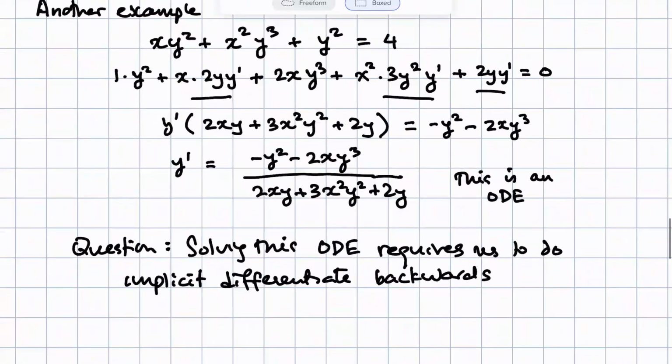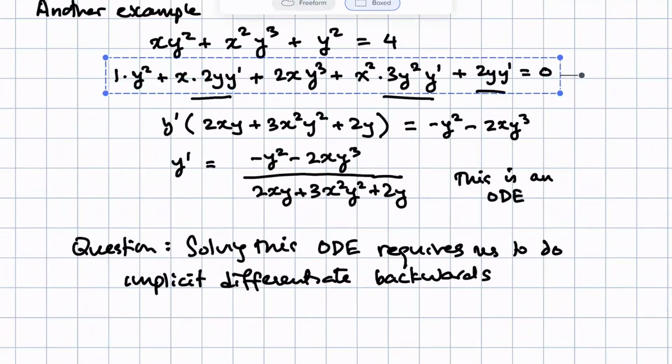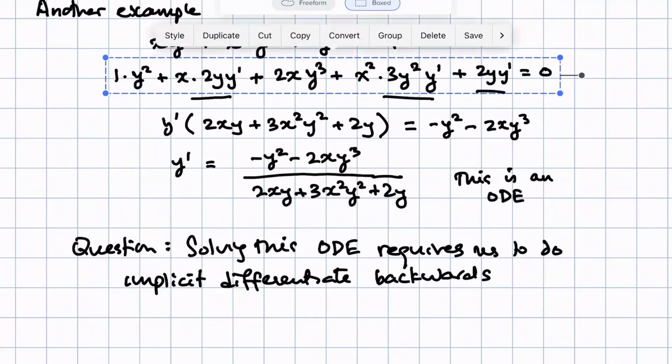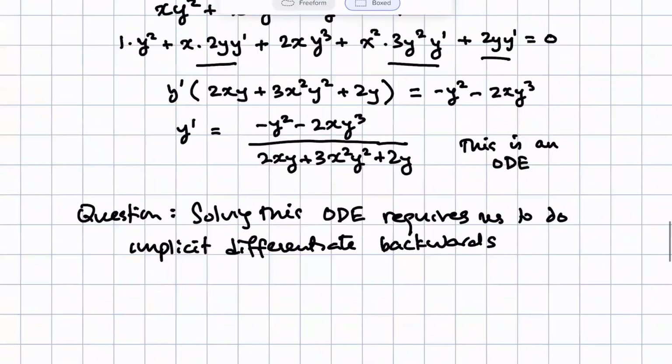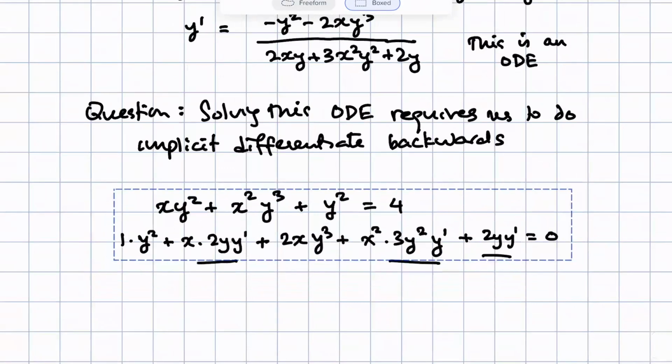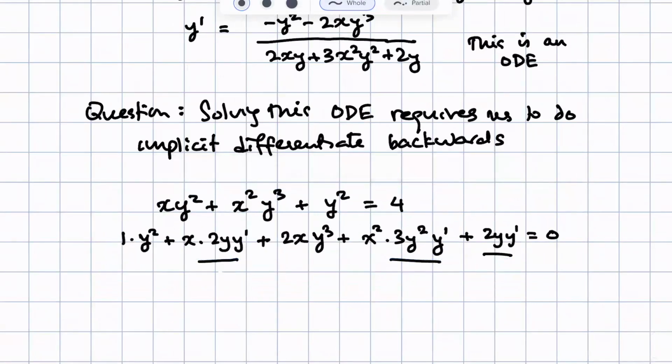So let's take a look at this stage right here. Actually, let's just recopy the first two lines. Let's take these, copy, and then paste it right here. Now, what I'm going to do is call this guy f of xy.